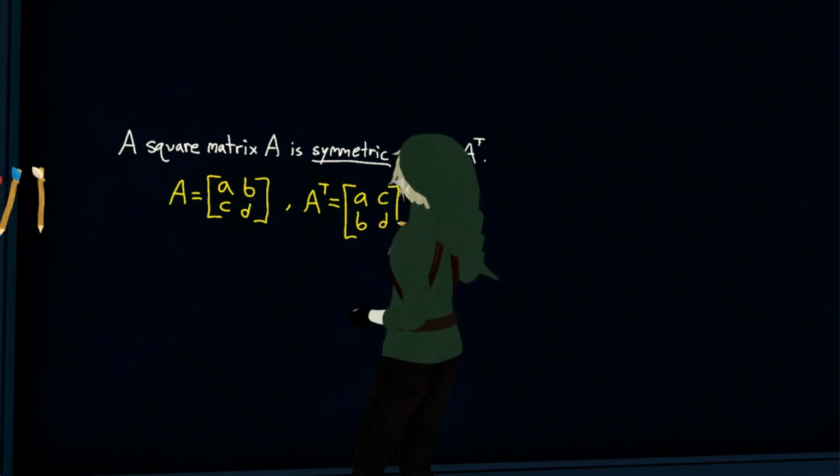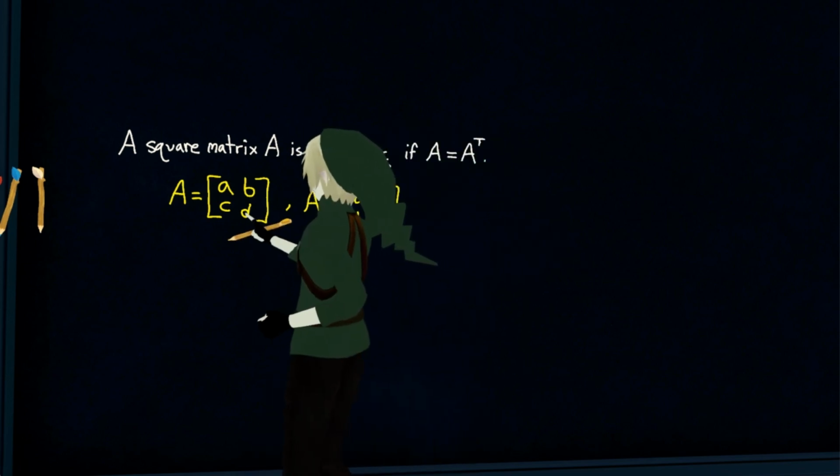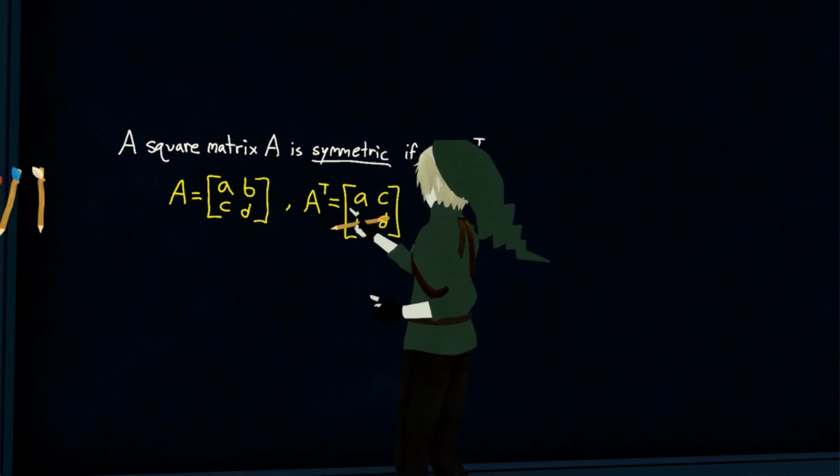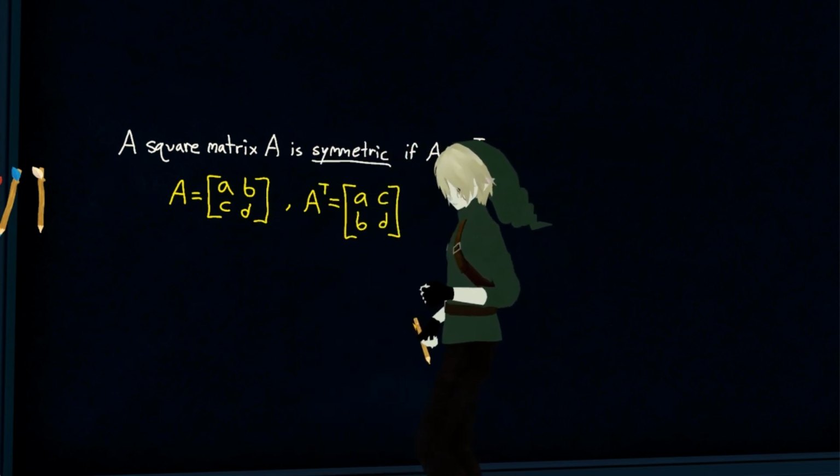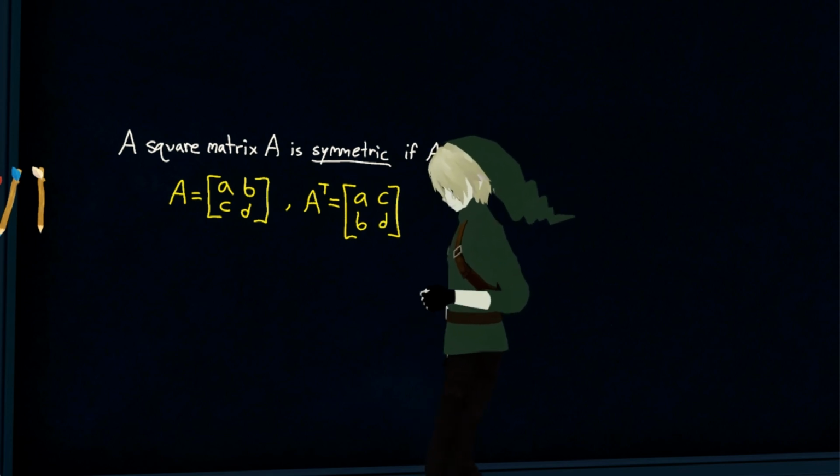And notice that AC, this column, becomes a row, okay? So that's what a transpose of a matrix would look like.